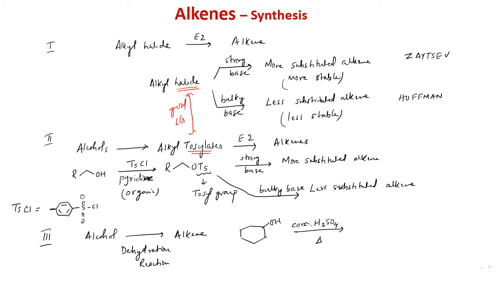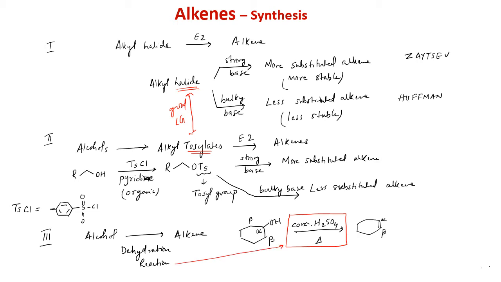When you dehydrate it, you get an alkene. Very similar to an E1 or E2 elimination reaction, the double bond is formed between the alpha and the beta carbons. So this is an alpha carbon, this is a beta carbon. The double bond could have formed on the other side also, and it would give us the same molecule. So concentrated sulfuric acid with heat is the reagent that you use for a dehydration reaction.